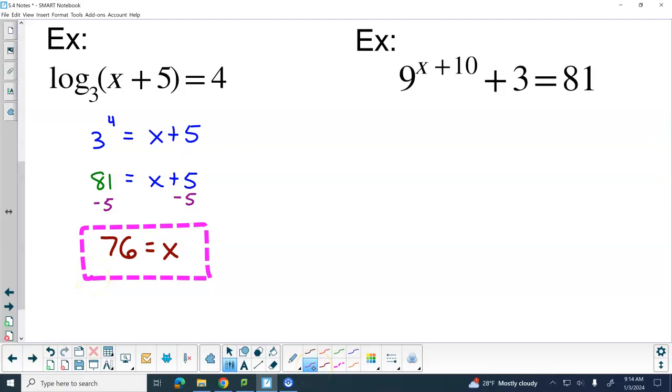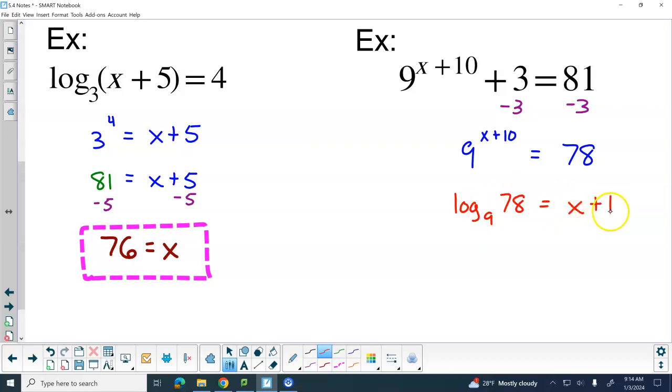Over here on this one, I don't have my exponential term isolated, so I've got to subtract first. That gets me 9 to the x plus 10 power equals 78. Now I've got it isolated, so I can switch into logarithmic form. That would be log base 9 of 78 equals x plus 10.